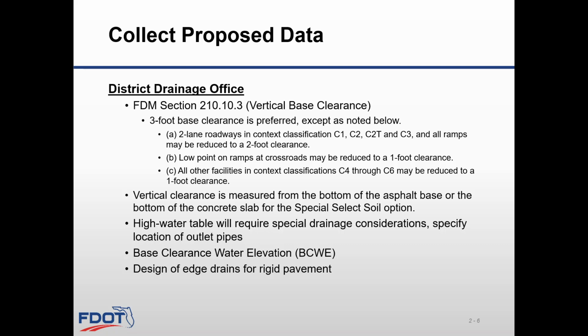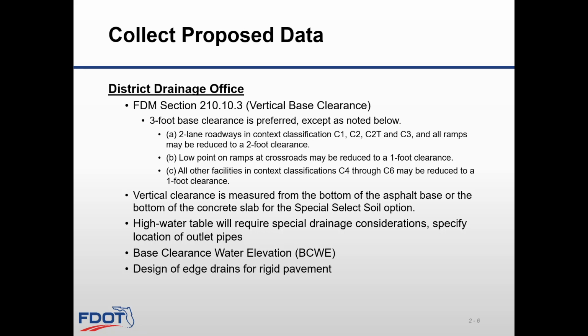Per FDM, the minimum clearance from the bottom of the roadway base course to the base clearance water elevation is 3 feet, except as noted in this slide. These exceptions are based on context classification for some of the base clearance requirements.